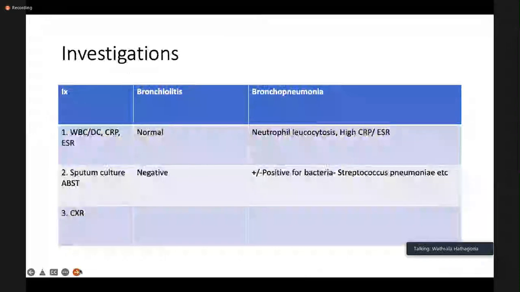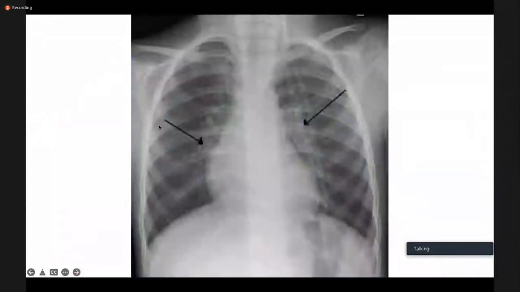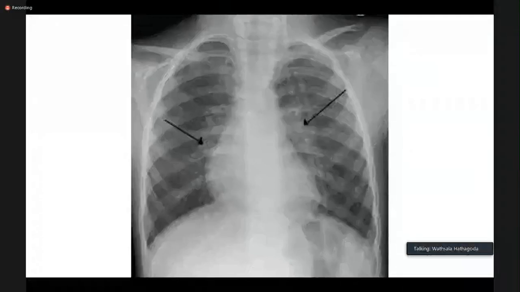I can show you an X-ray. This is an X-ray of a child who had bronchiolitis. So who's going to explain this X-ray? What can you see here?